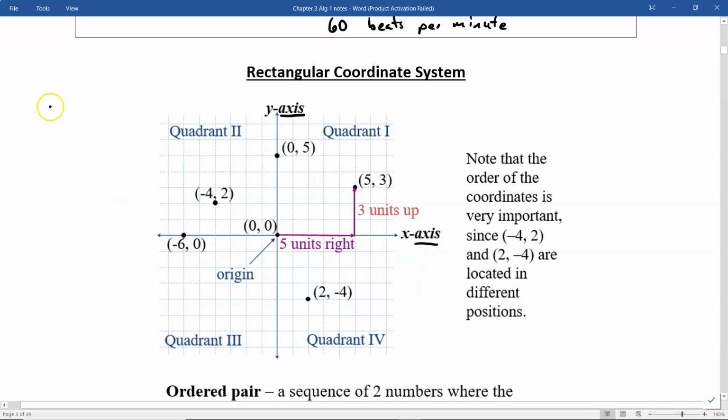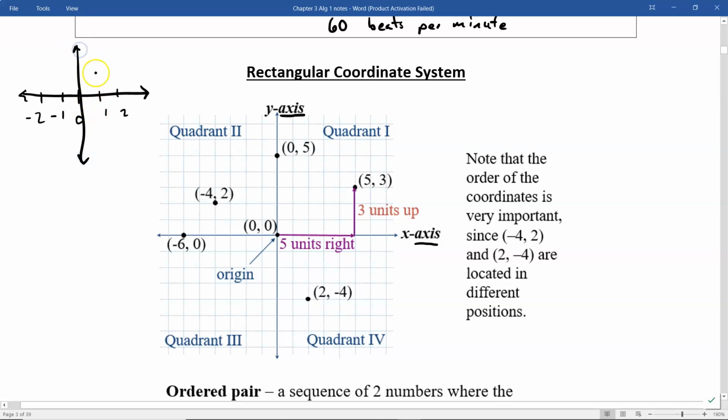So these axes are just 2 of the number lines that you are used to. There's a 0 in the middle of them, on the right there's positive numbers, on the left there's negative numbers. So all we've done is we've taken two number lines and put them on top of each other. So now, instead of just having one number line, we have two number lines.